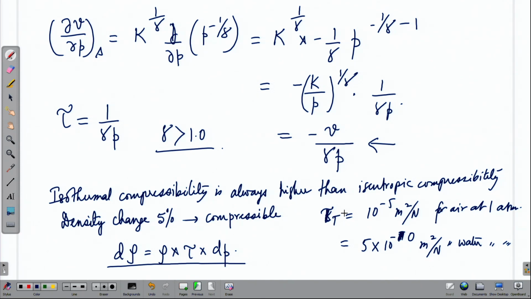Okay. So, you can figure out that air is far more compressible than water.